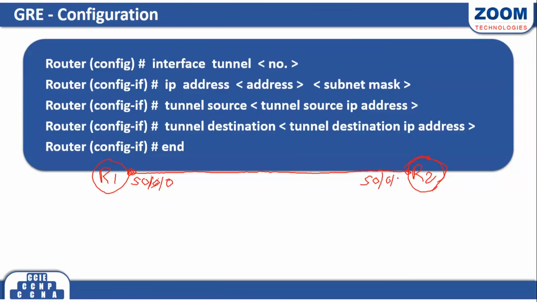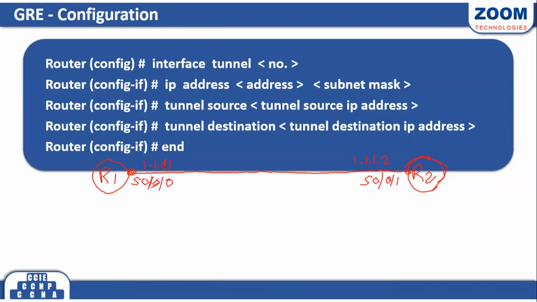Initially, the ISP will provide public IP addresses: 1.1.1.1 on one end and 1.1.1.2 on the other.